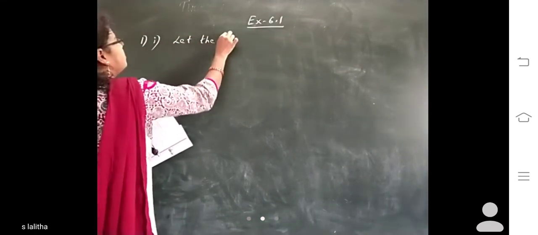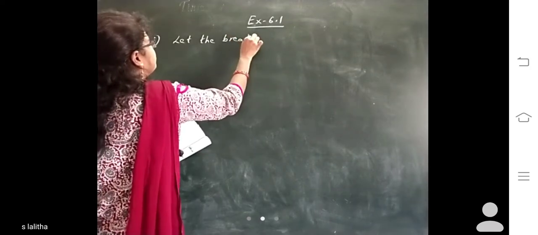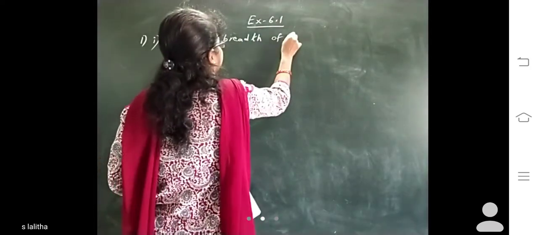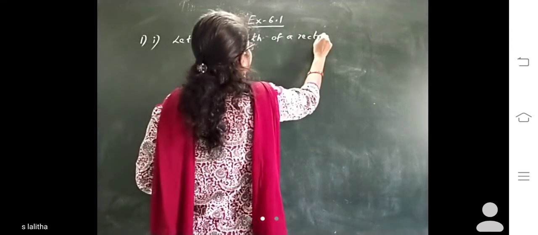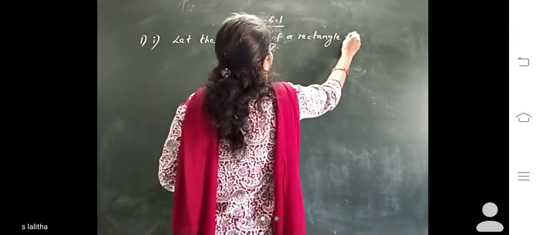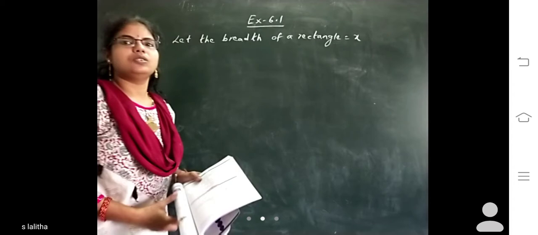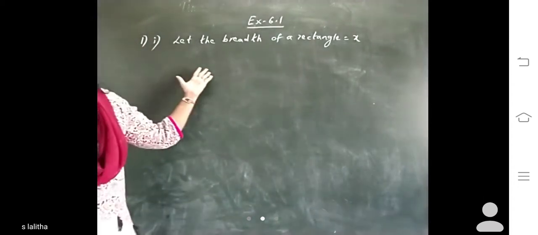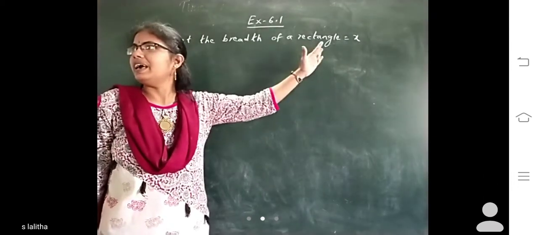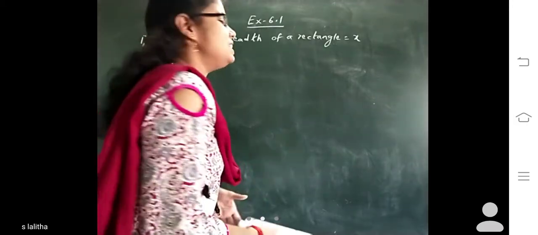So what is given here? Let the breadth of a rectangle equal x. We don't know the breadth of the rectangle, that's why we are taking x. And next, what is the length?